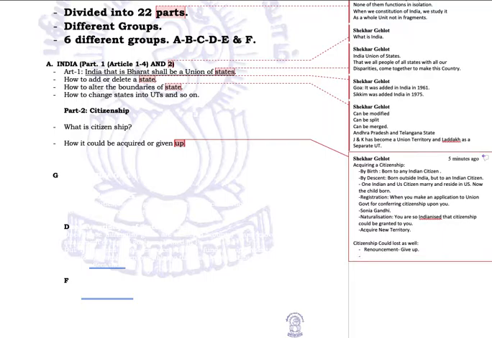Or when you accept some other country's citizenship, your Indian citizenship will automatically be lost because India doesn't allow holding of double citizenships. Or by forfeit.